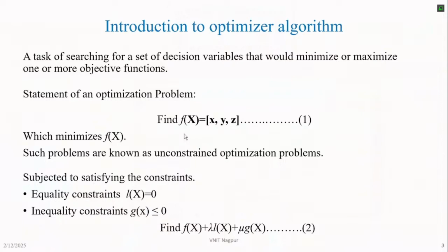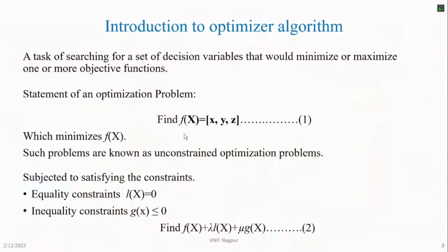Now here we converted all of these equality and inequality equations into a single optimization problem, and thereafter we are supposed to solve the same problem. In the first one it was unconstrained optimization. Right now the same problem becomes a constrained optimization problem. And how can we solve it?